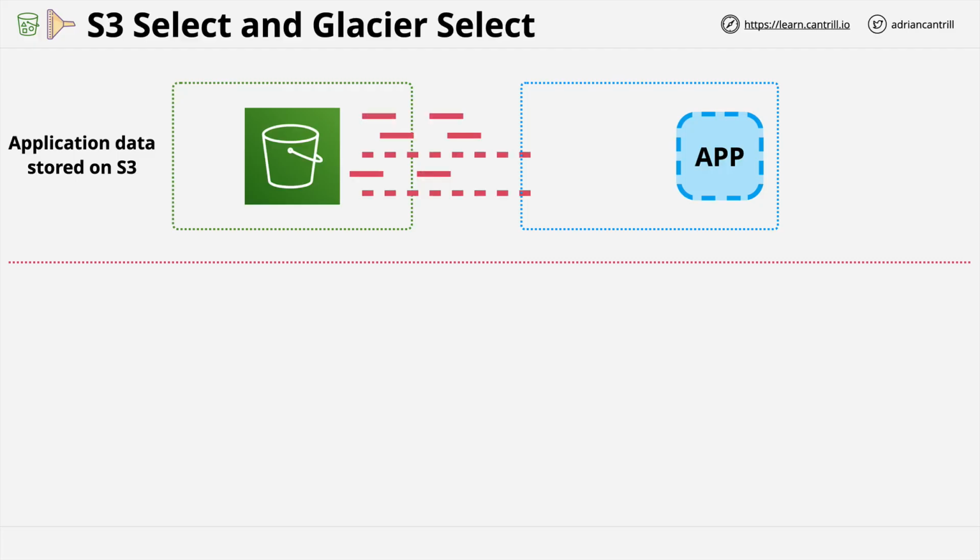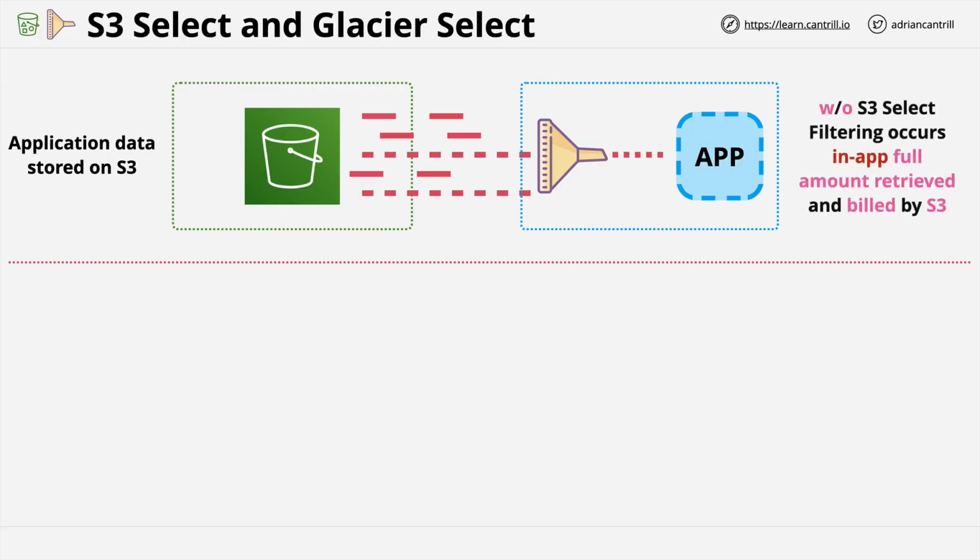So the application receives everything. It can either accept it as a whole, or it can perform its own filtering. But the critical thing to understand is that any filtering performed by the application is performed inside the application. It doesn't impact the cost or performance. Any data which is filtered out is simply discarded, but it's still billed for and it still takes time.